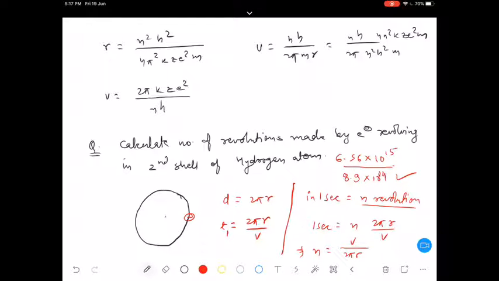So you can see in 1 second how many revolutions one electron will be doing around the nucleus. It's that fast, right?